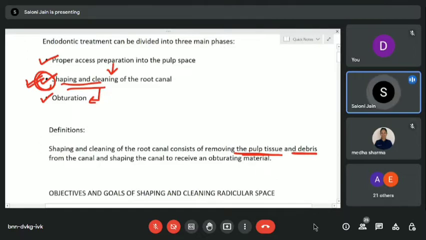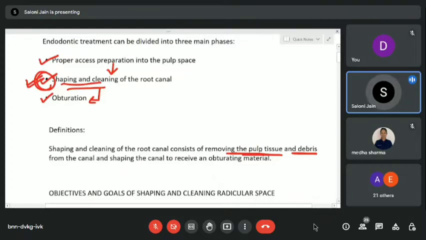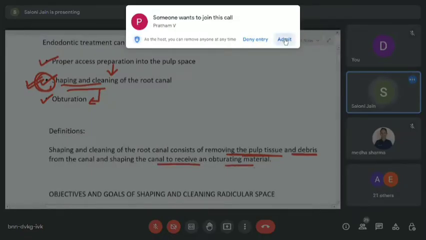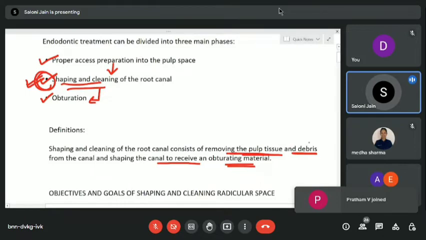So shaping and cleaning is nothing but removing the pulp tissue and the debris from the canal and then shaping the canal to receive an obturating material, so that you can put a suitable inert material in it. This is the basic definition of shaping and cleaning.